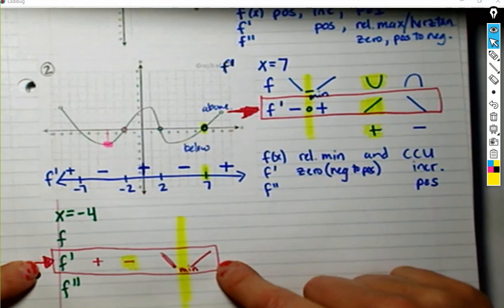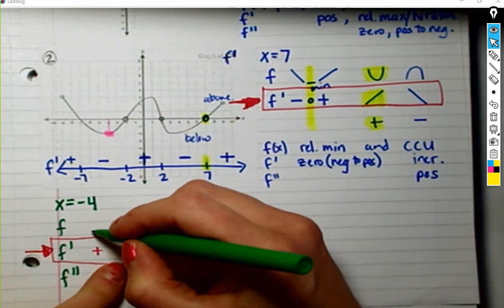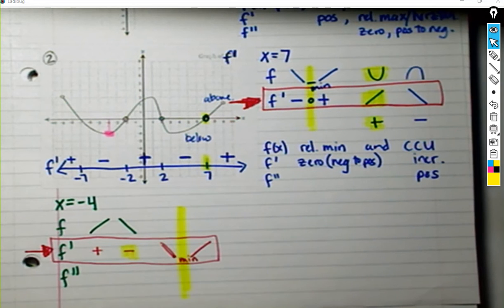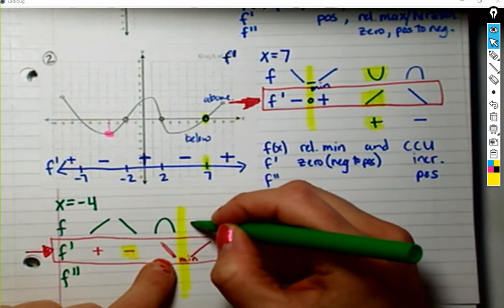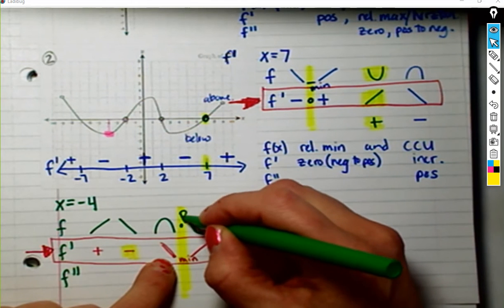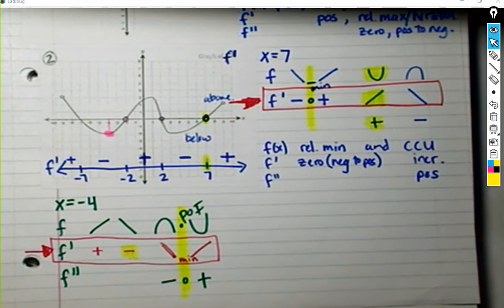It's a minimum on f prime. Okay, see if I can fill this out. Sometimes extra columns help me do it right. Concave down to concave up. In betweens, the pluses and minuses always get the 0.